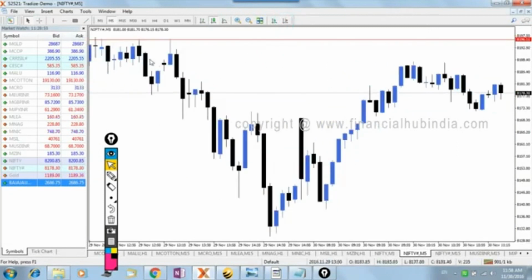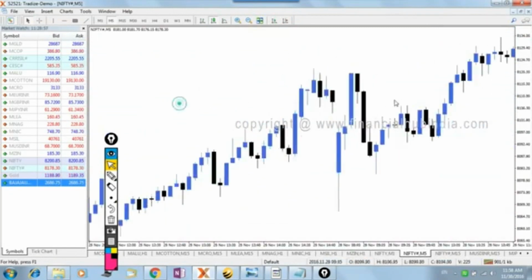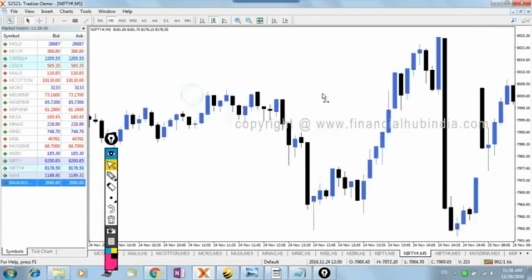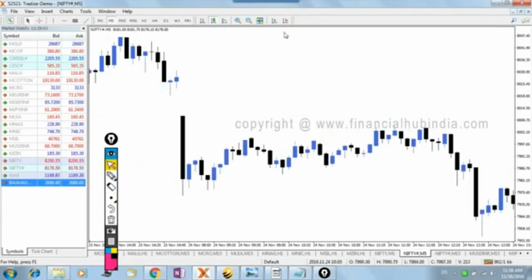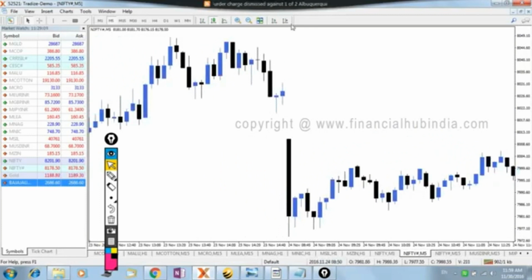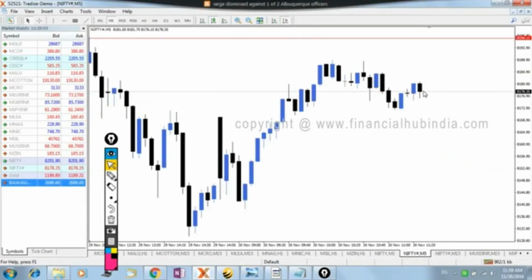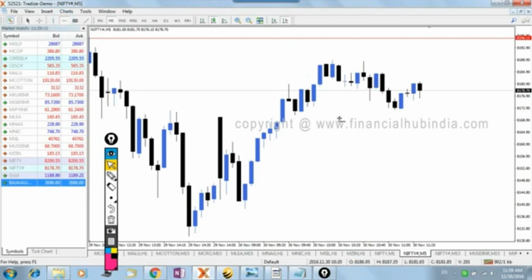This is for, let's say I'm going back and looking at the charts, and I want to jump right to the real-time market, then I just click this and jump into the market directly. All right, now this one is a horizontal line we need to draw, and by double clicking, you can move it up or down. We need this horizontal line to mark a few particular price levels where we'll be trading, right?